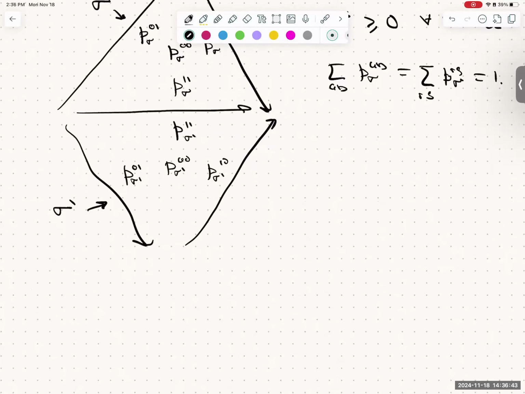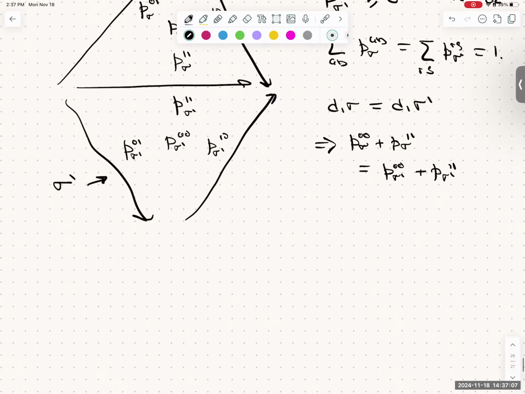And then we also have the one that I mentioned before, which implies this equation: P sigma 0, 0 plus P sigma 1, 1 equals P sigma prime 0, 0 plus P sigma prime 1, 1, with the other equation being determined by normalization in this one. So we had again that the dimension of this polytope is 5.